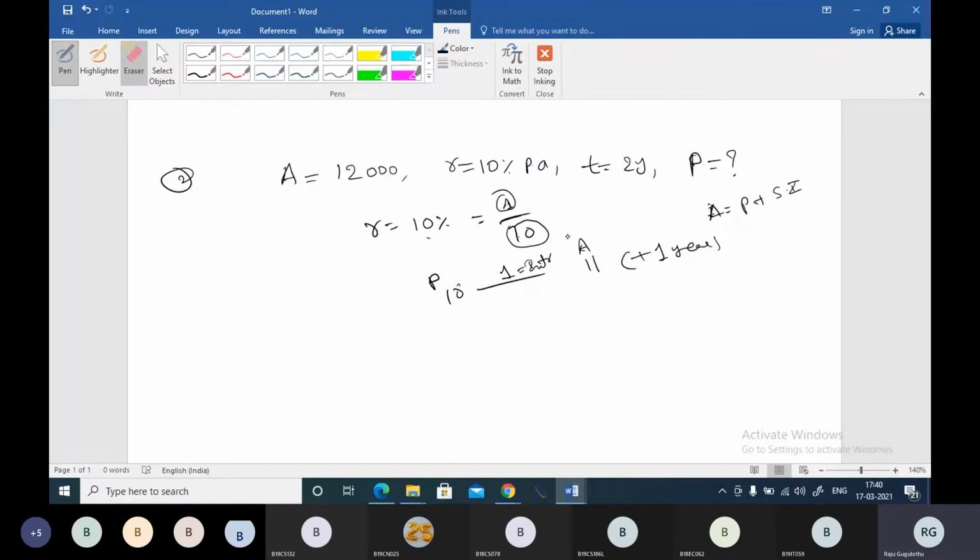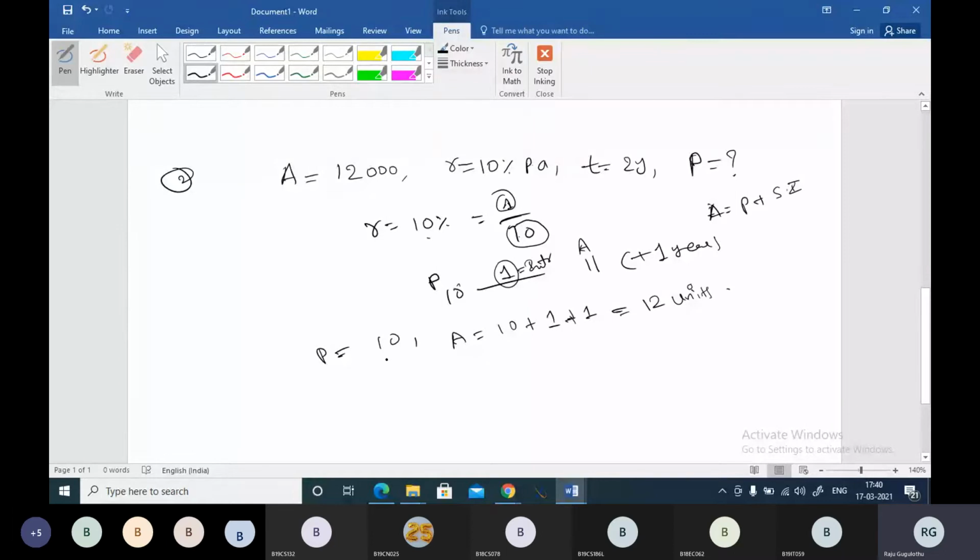Now for the second year, again, 10 is the principal, we are assuming the principal is 10, and 1 is the interest. So 10 principal plus 1 first year interest plus 1 second year interest, then it should be 12, boss. So 12 units is my amount.